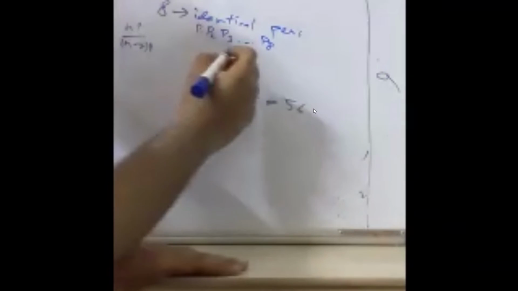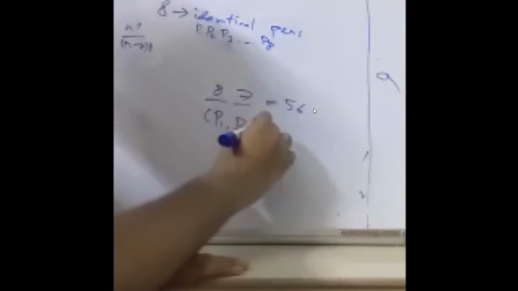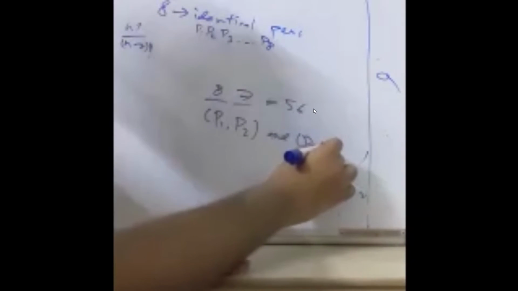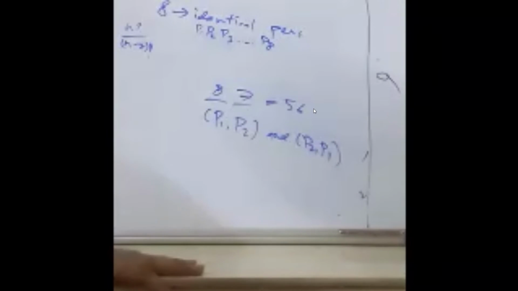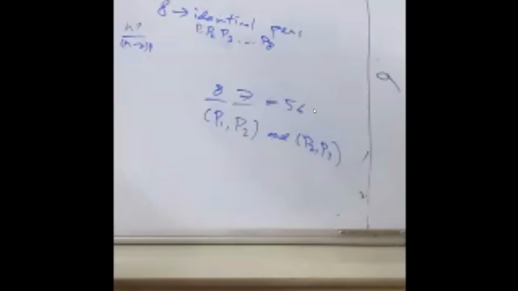But we are counting P1, P2 and P2, P1 twice, right? But they're basically the same thing. If I choose pen 1 and pen 2, and if we choose pen 2 and pen 1, they are the same thing.